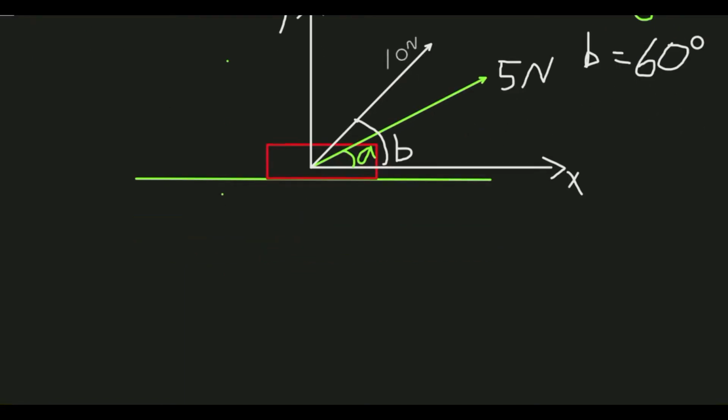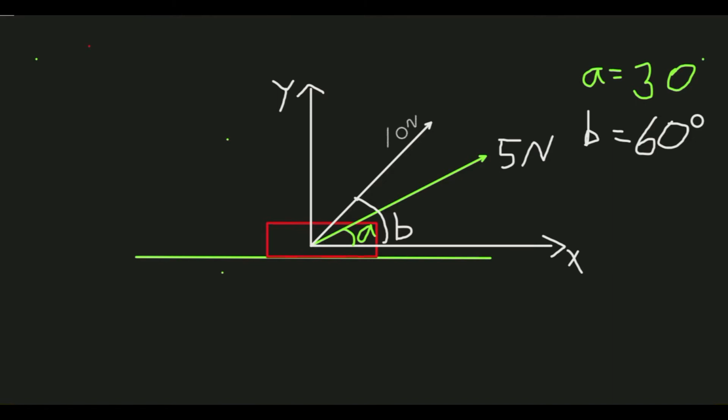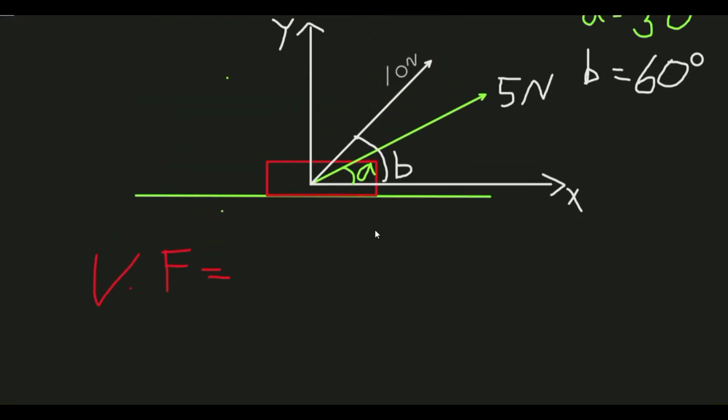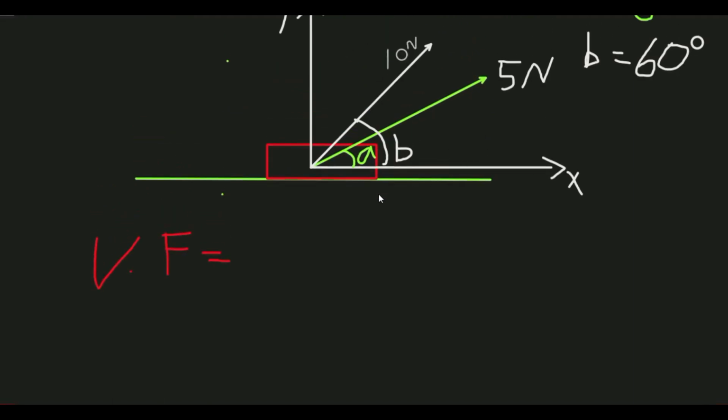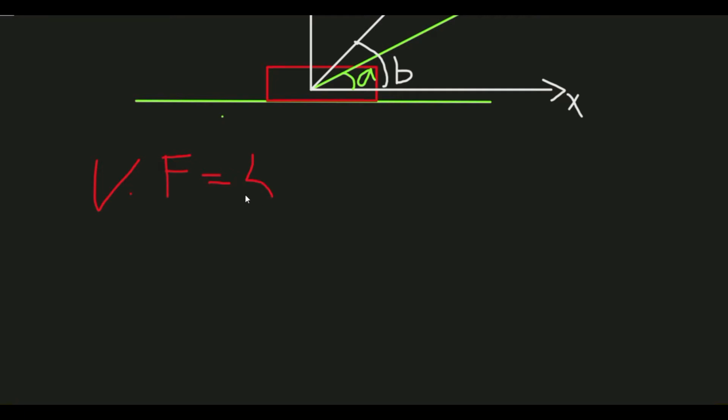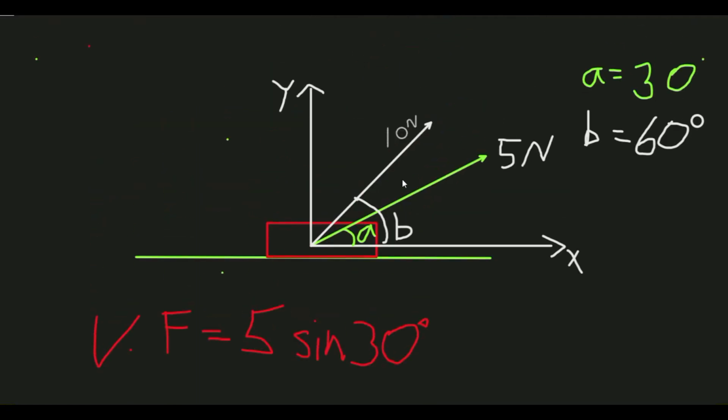Suppose I'm writing that the vertical force equals, for the 5 Newton, 5 sine 30 degrees, right? And for the horizontal force it is 5 cos 30 degrees, right?